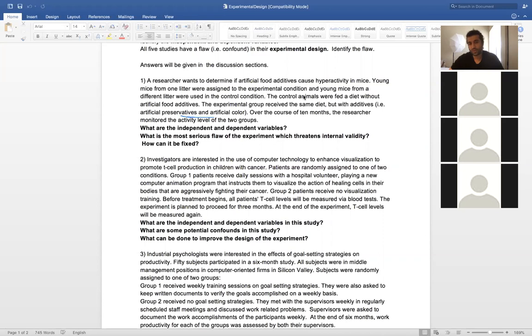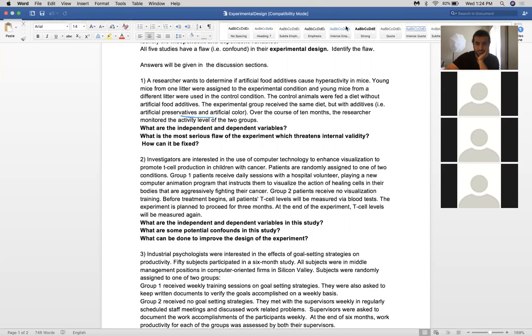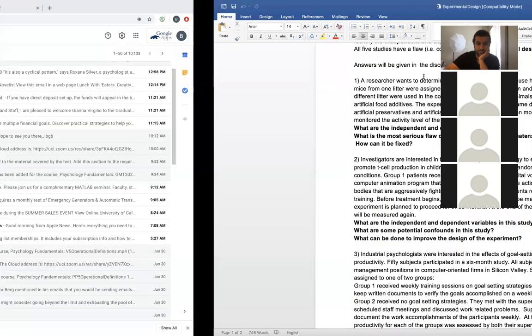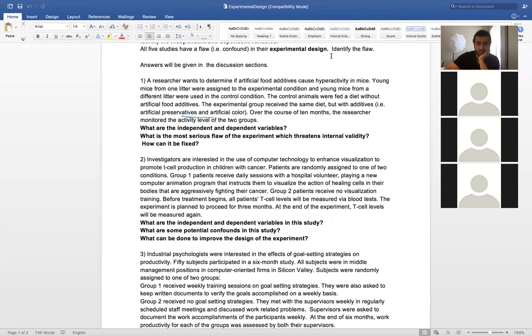If you were to propose this idea, what do you think one of the most important flaws of this experiment is? Let me see if I have my chat group here so I can read anyone. So what do you guys think?